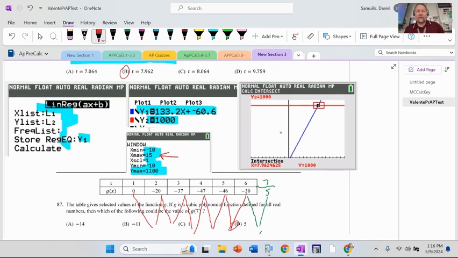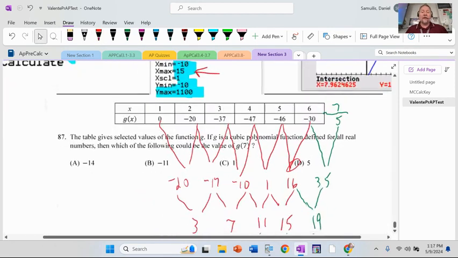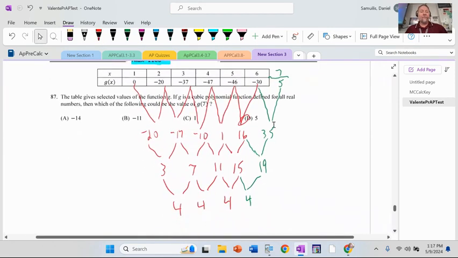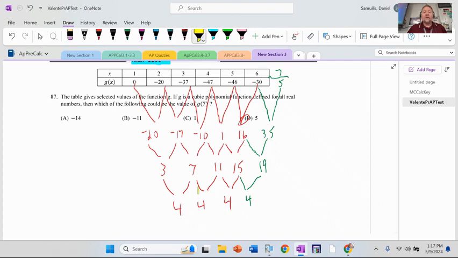You'll get that intersection. Then the last one could have been a regression, but then I remembered if it's cubic, then there should be third order differences. So I found the first order differences, the second order differences, and then the third order differences. Now, sometimes when you have real world data, it's not perfect, but they're close.